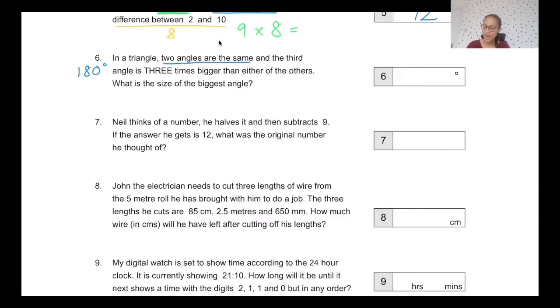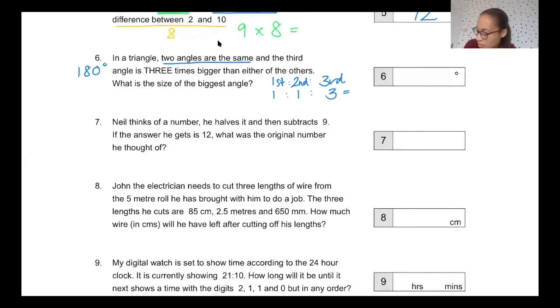Okay, so two angles are the same, and the third angle is 3 times bigger. So what we're going to do is use ratio. So we do the first angle, the second angle, and the third angle. And let's do that ratio.